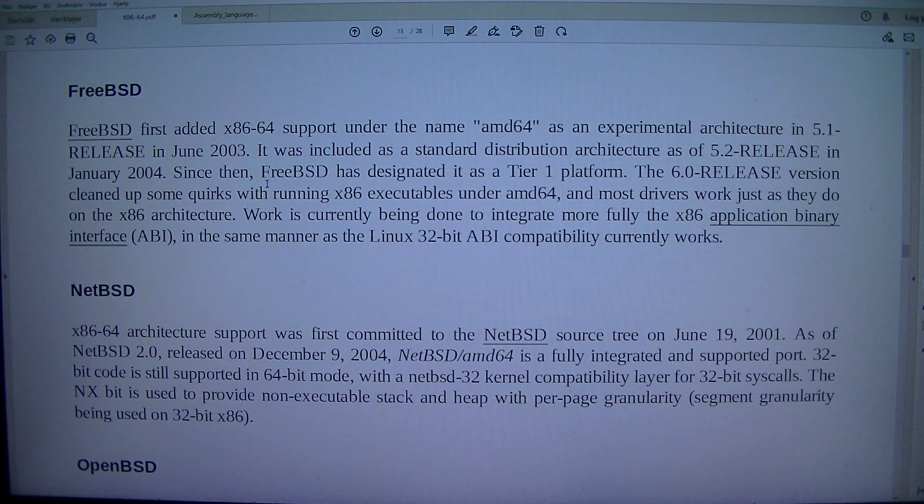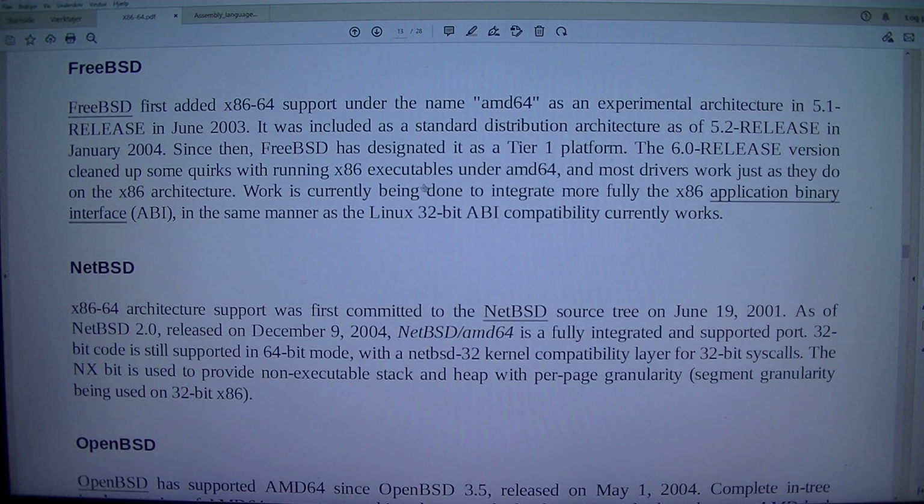It was included as a standard distribution architecture as of the 5.2 release in January 2004. Since then, FreeBSD has designated it as a Tier 1 platform. The 6.0 release cleaned up some quirks with running x86 executables under amd64, and most drivers work just as they do in the x86 architecture.